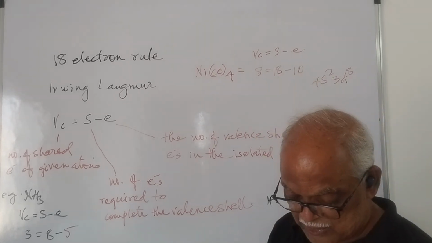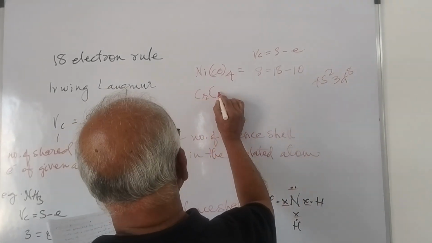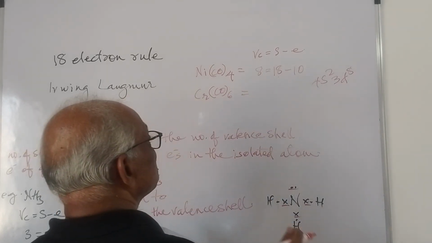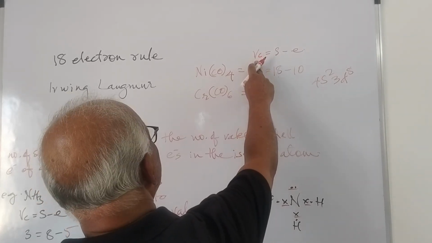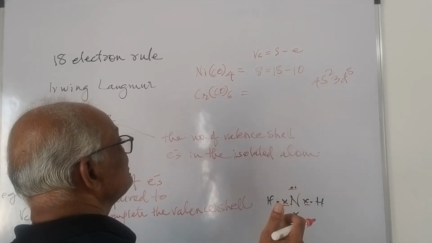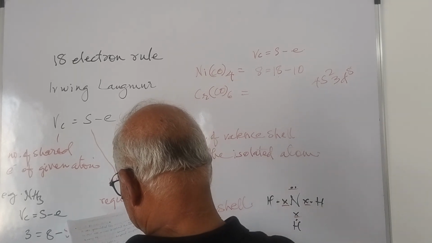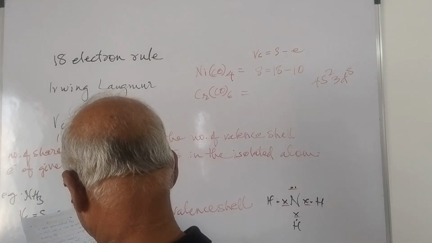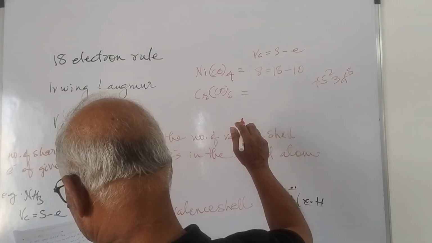In the same way, we can calculate for the chromium complex, Cr(CO)6.